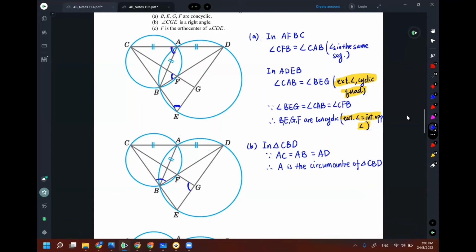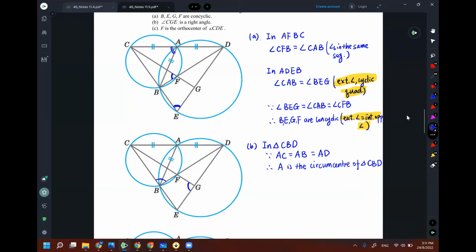Now think about it. AC can be radius, AB can be radius, AD can be radius. So if I have a circle at A and radius of AC, my circle at A will pass through C, B, D, which makes it the circumcircle of CBD.